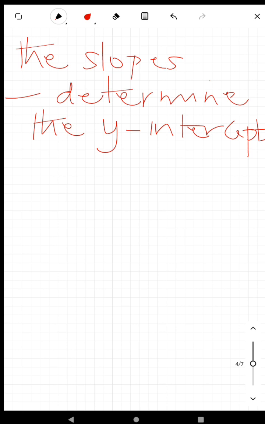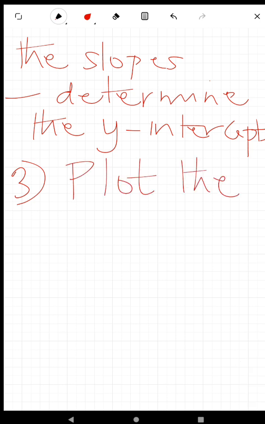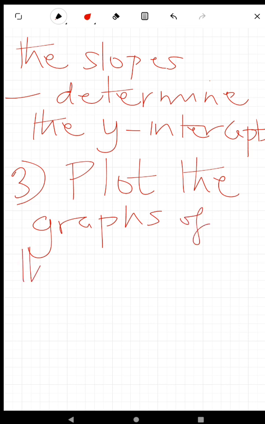And then the third question is, plot the graphs of the straight line equations.